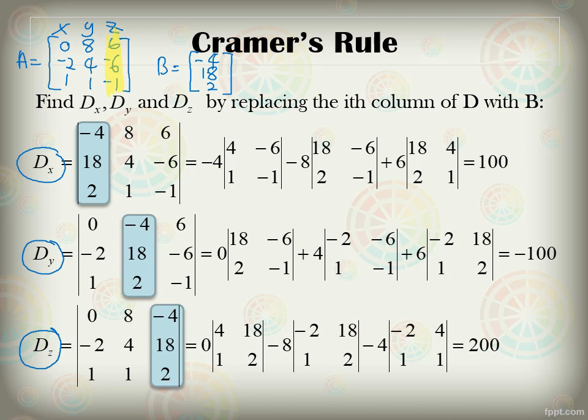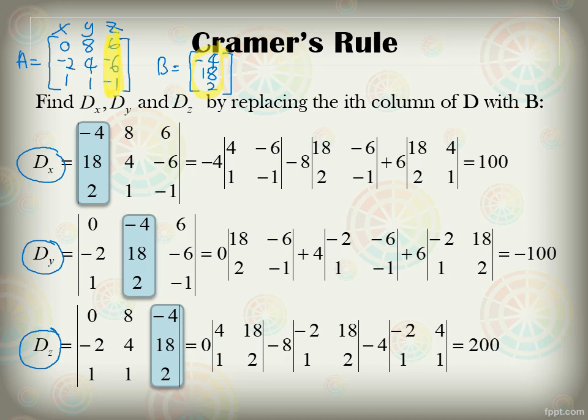The only column that is changing is column z, which is replaced by the elements of matrix B. So minus 4, 18, 2, and calculate the determinant.